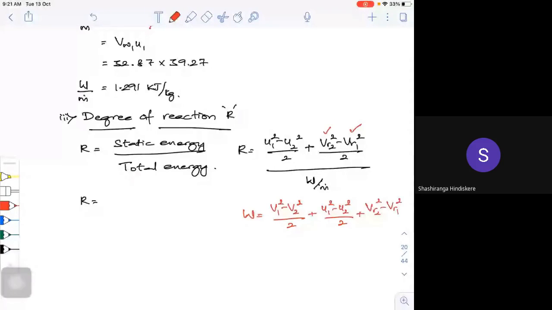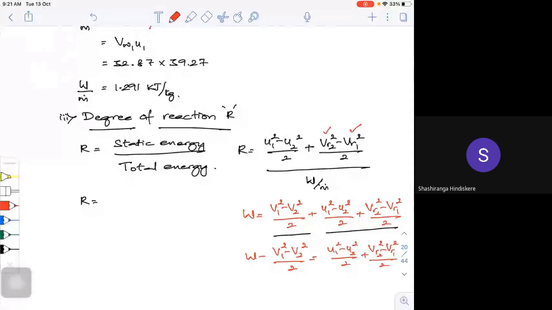Now, the first is your dynamic quantity, and the rest is your static. So I can write W minus V1 square minus V2 square by 2 is equal to U1 square minus U2 square by 2 plus VR2 square minus VR1 square by 2.